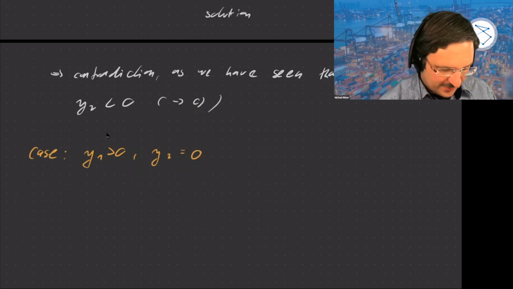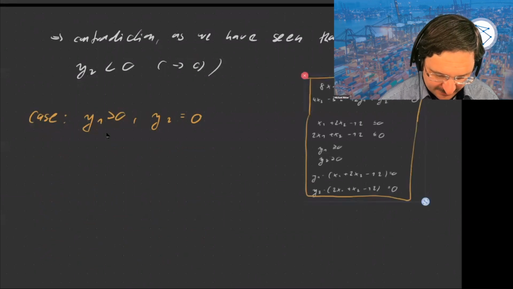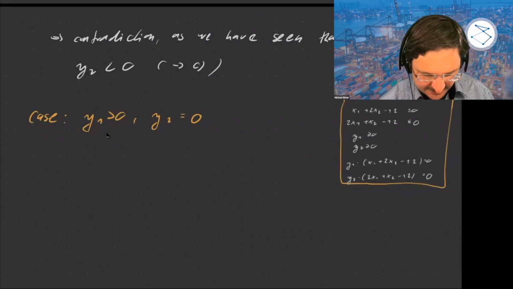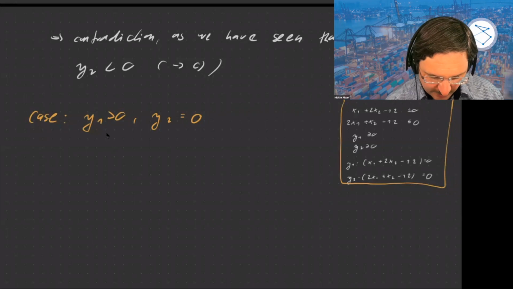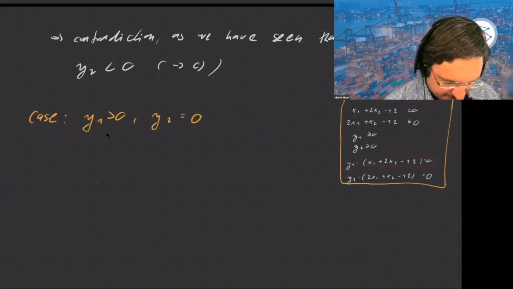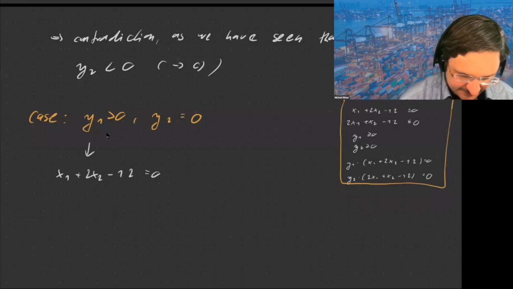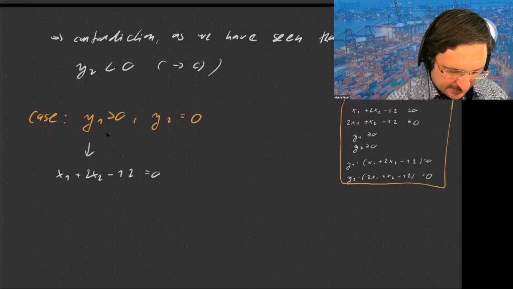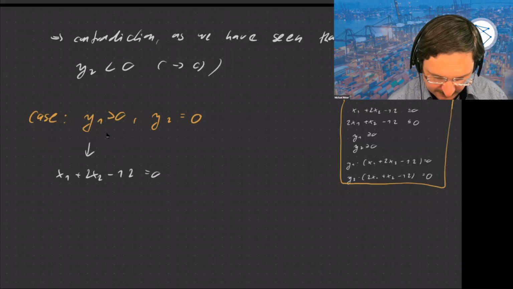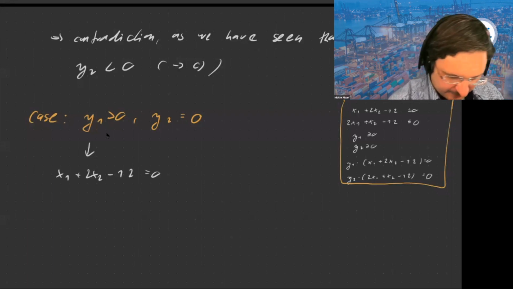And the y1 greater than 0 will give us the next equation. So again, here are the KKT conditions. So if y1 is positive, that means this equation has to be fulfilled. That has to be 0. Right, so from that we get x1 plus 2x2 minus 12 is 0. And of course, those two equations here also hold, and we already know y2 is 0.